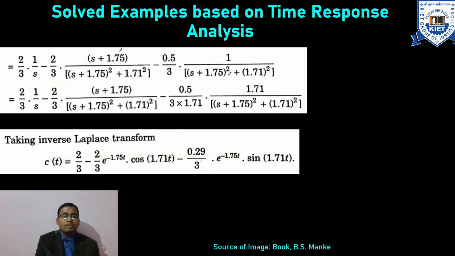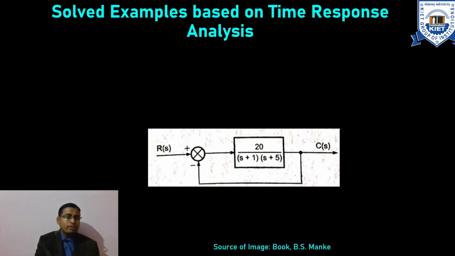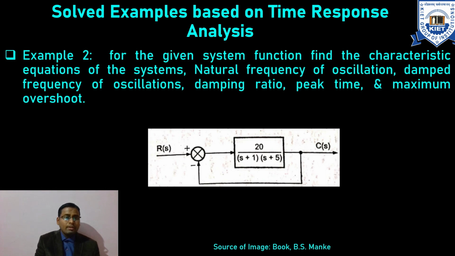Clear? Now come to the next, that is example number 2. For the given system function, find out the characteristic equation of the system, natural frequency of oscillation, damped frequency of oscillations, damping ratio, peak time, and maximum overshoot.